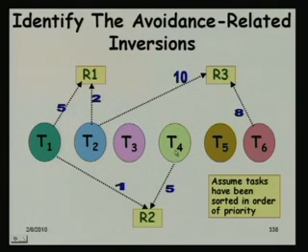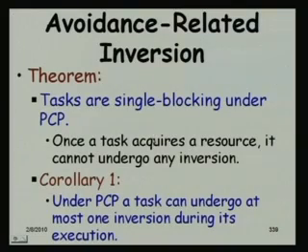Yes, due to what? T6. Okay, T6 is holding R3, the CSC value has been set and it cannot access the resource that it needs even though it is available, and it will undergo avoidance inversion for what duration? 8, maximum 8 milliseconds it can suffer avoidance inversion.